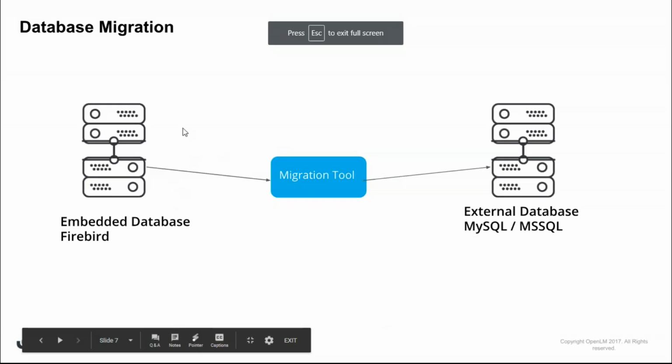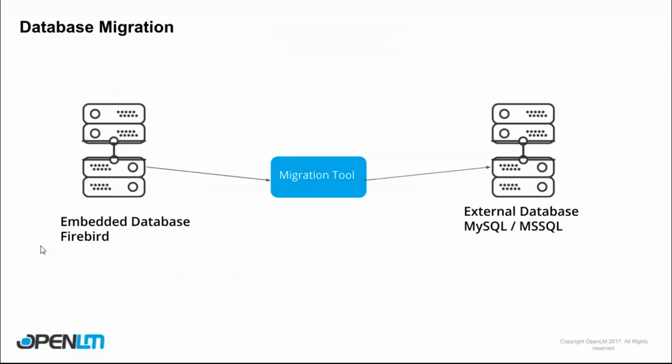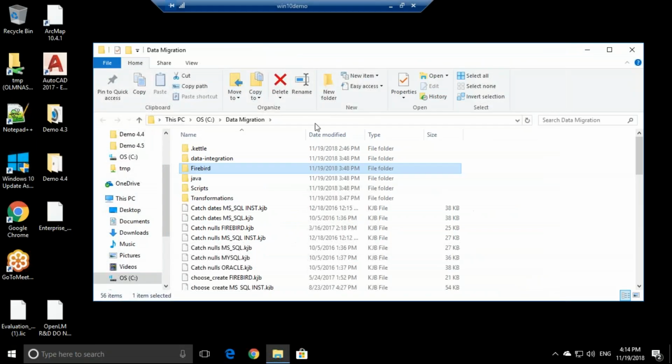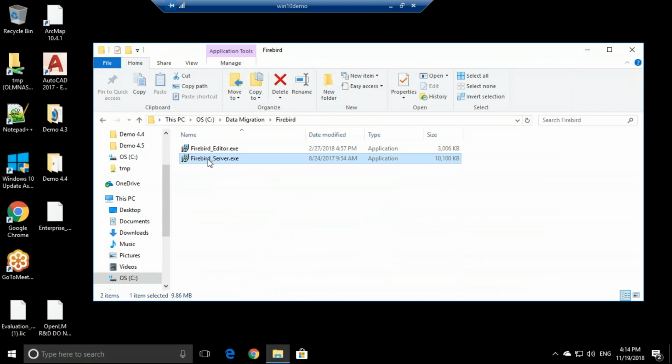As you remember, the embedded database is a Firebird database, and currently you don't have anything on your machine that can run this. Only OpenLM server runs it privately. So you need to install some kind of service that runs that database. And that service is exactly the Firebird server.